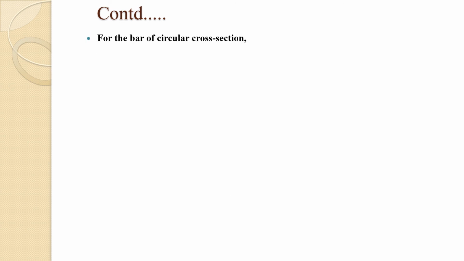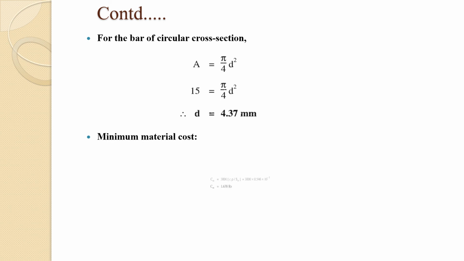Now the cross section of the tensile bar is circular. So for the bar of circular cross section, capital A is equal to pi by 4 into d square. So put the value of A, you will get small d, that is the diameter of the tensile bar, it is 4.37 mm. So minimum material cost, finally putting the value of parameter c into rho divided by SYT into 3000, is equal to 1.638 rupees.